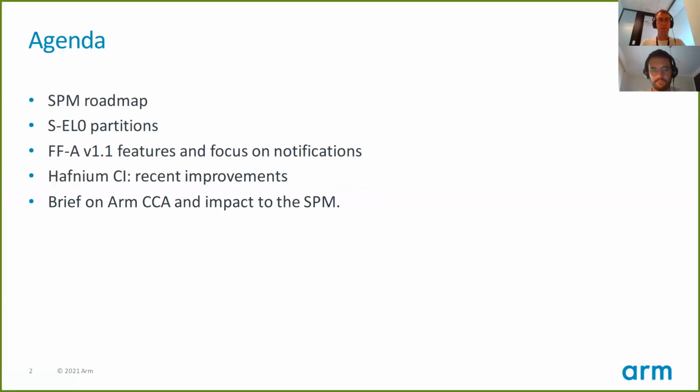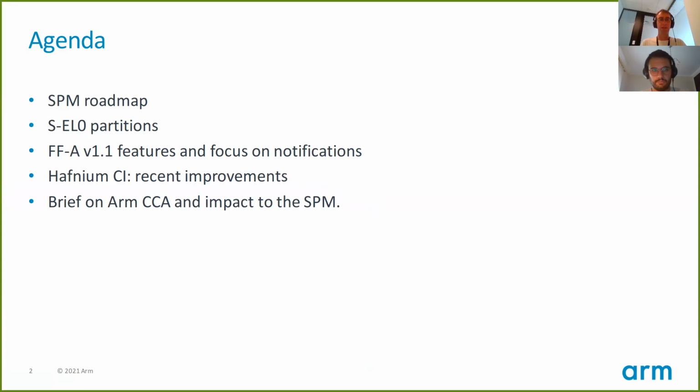So today, as an agenda, I will present a brief about the SPM roadmap, present and future, and we'll have technical discussions around those topics. So the introduction and the evolution of Secure EL2 partitions, what's new about the newly released FF-A v1.1 features.